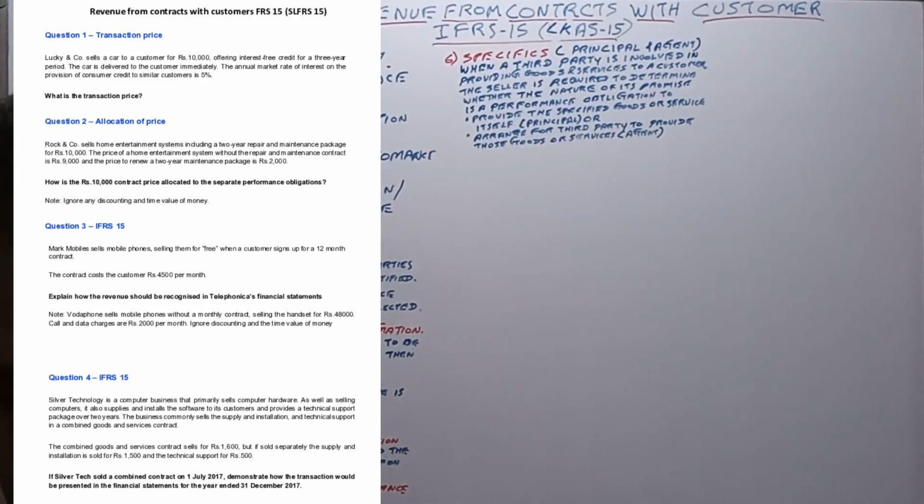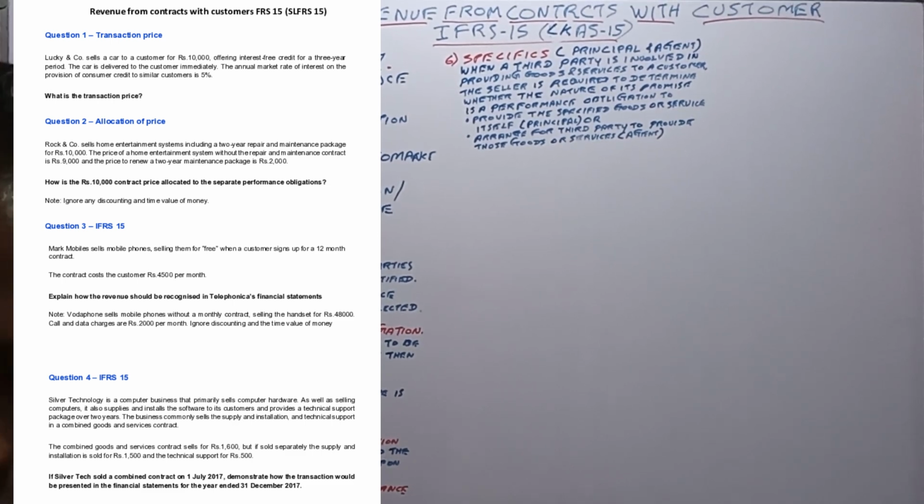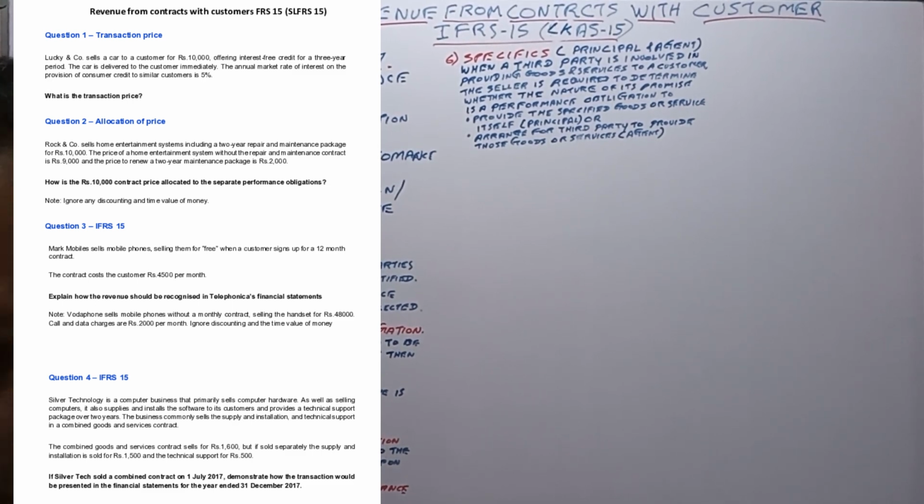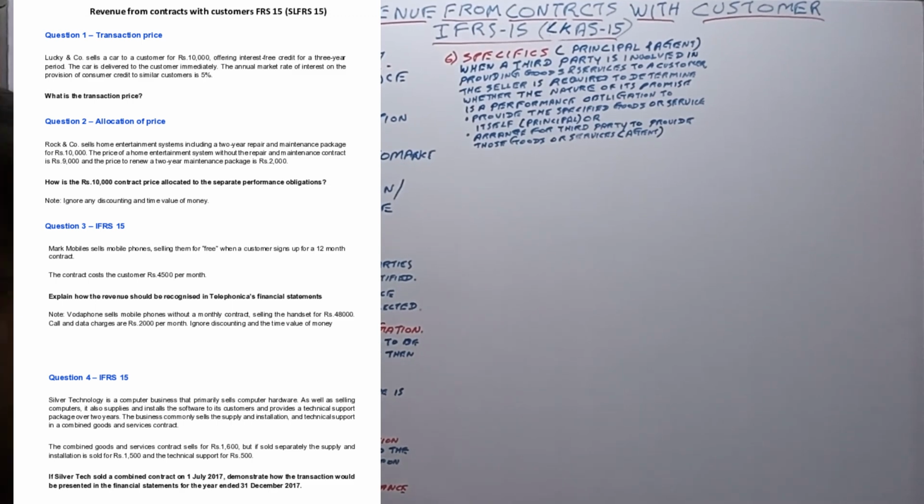The Rock and Company sells a home entertainment system including a 2-year repair and maintenance package for 10,000.